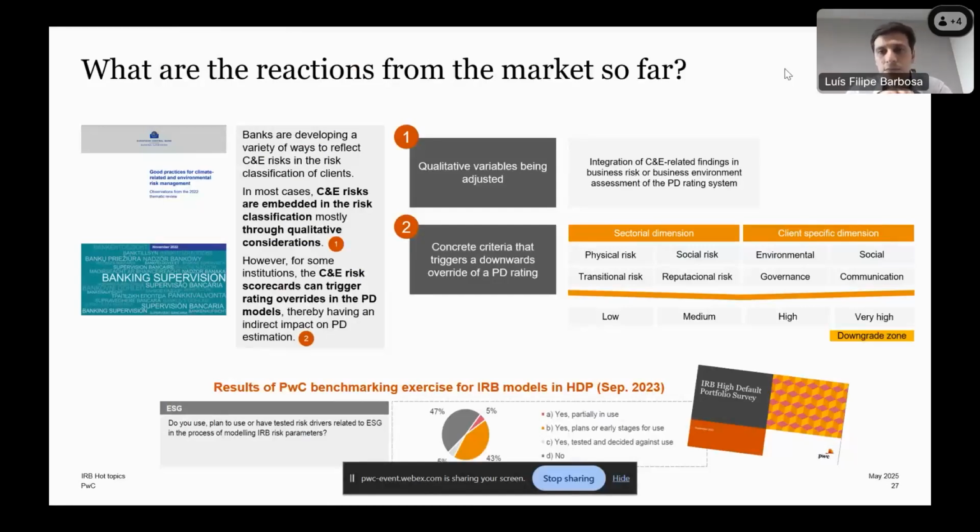And in many cases, what we see is banks trying to understand, mostly on sectoral information, but also on some client-specific data, what could be the level of exposure to CE risks, or mostly focus on the transition side. And if there are really evidences of a high risk CE exposure, they try to act over downgrading under the umbrella of the overrides.